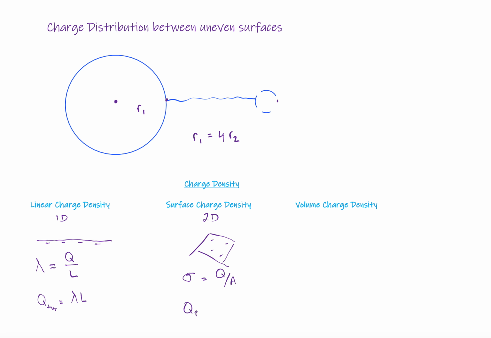So the total charge could then be written as sigma times A. The volume charge density, of course, could be if we had a volume shape where the charge was distributed throughout the volume of the object, and this would be using the Greek letter rho, which is equal to the amount of charge per unit of volume. And then, similarly to the others, I would have the total charge is equal to the density times the volume.